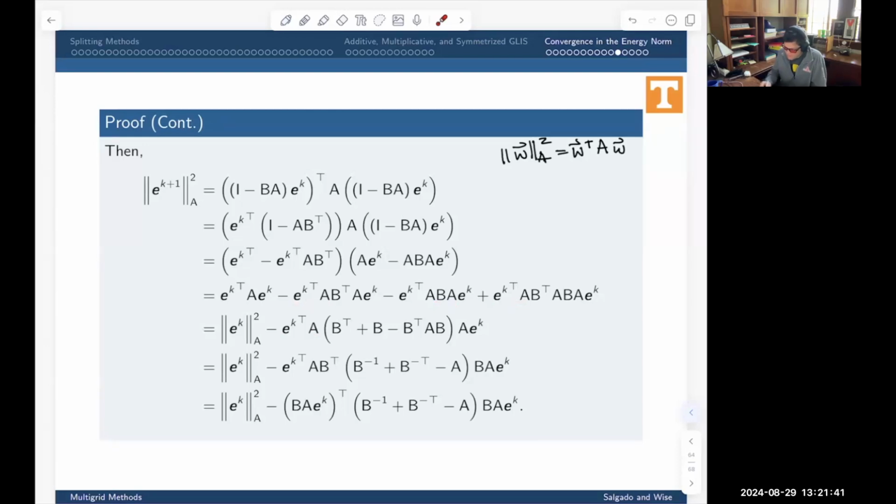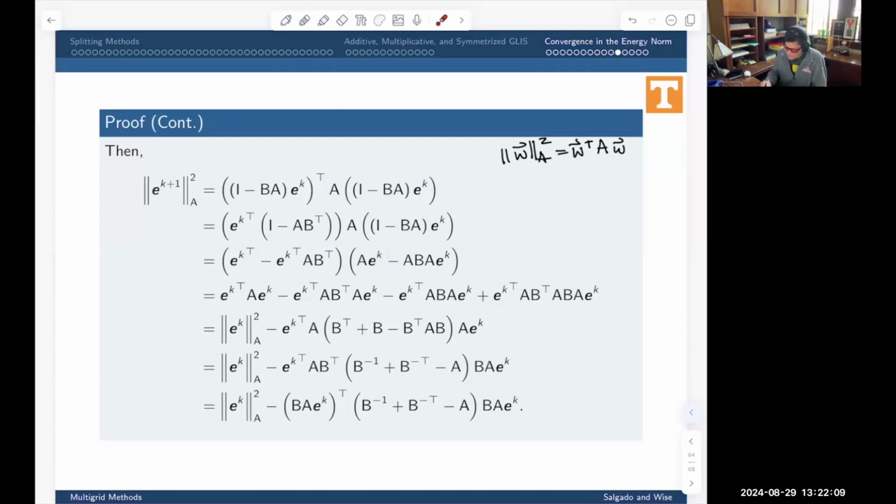And on the back end, I'm going to pull out A times e_k. And there are 3 of those terms. And what I'm left with is something in the middle, which looks a bit familiar. This looks like the iterator matrix for the symmetrized multiplicative schemes that we defined earlier.